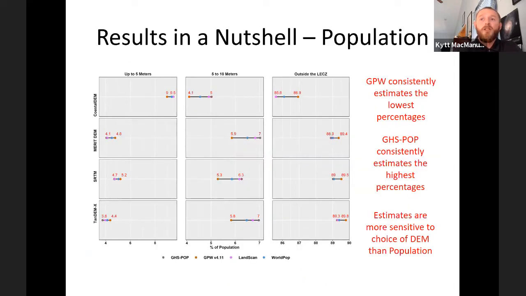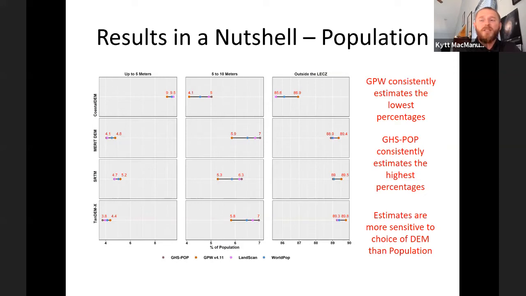When we looked at population, you see also here that there's a lot of variation in the population. Right here, we're looking at the percentage of the population in up to 5 meters, 5 to 10 meters, or above 10 meters.